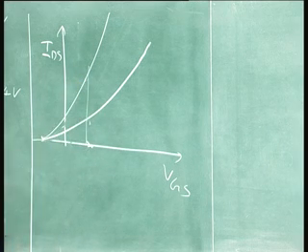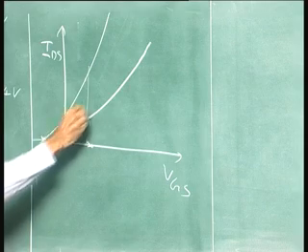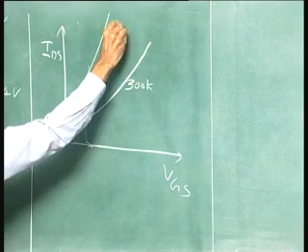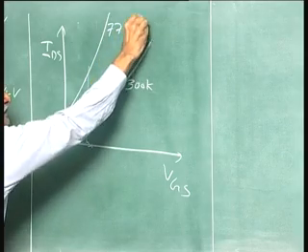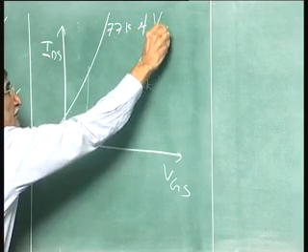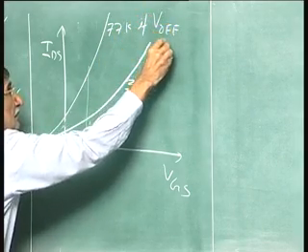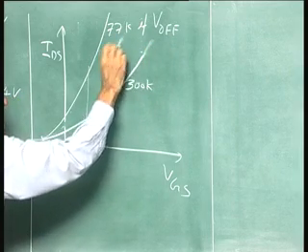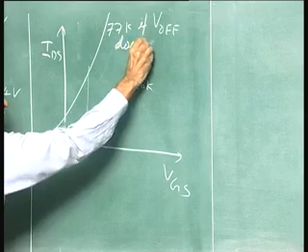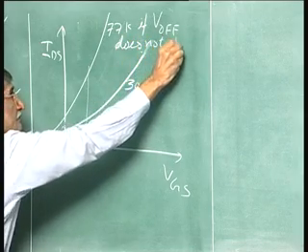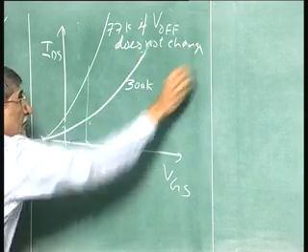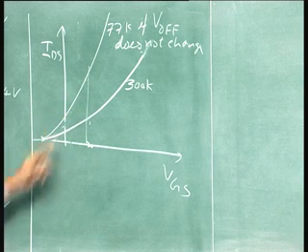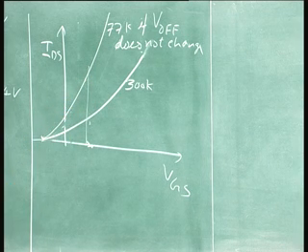So, if VGS minus V threshold remains the same, I would have got better current. But what happens is the threshold voltage shifts; this is at 300 K, this is at 77 K. If V off does not change, that is what you will get. That is the meaning of that particular term that we put there.